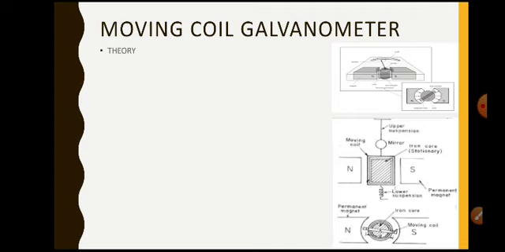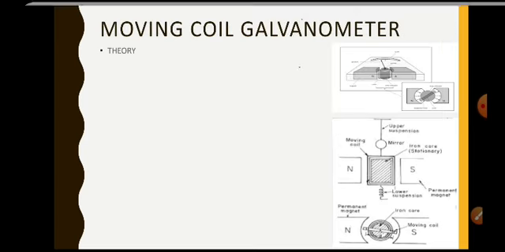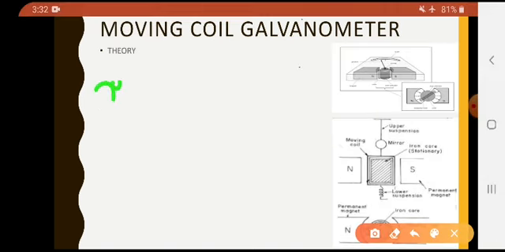So here the torque tau equals N into BIA, the torque equals BIAN.